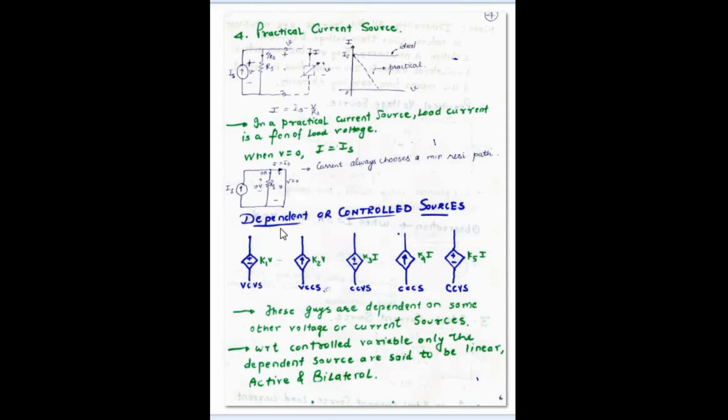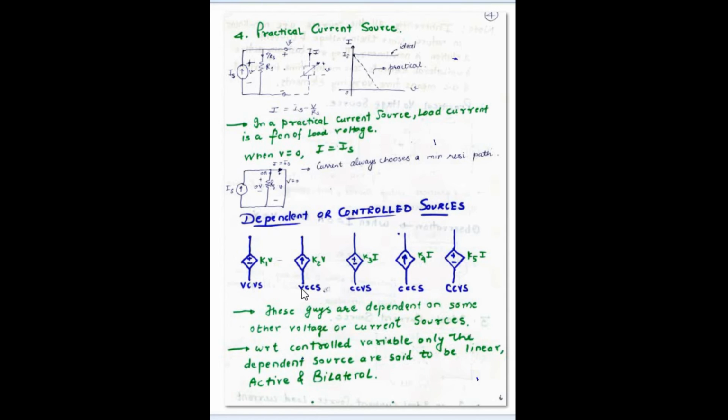So this was something about the independent sources. Now let us talk about the dependent or controlled sources. In particular there are 5 types of controlled sources: voltage controlled voltage source, voltage controlled current source, current controlled voltage source, current controlled current source, and current controlled voltage source. The names are self-explanatory. A voltage controlled voltage source means this is a voltage source, but it is controlled by a voltage element.